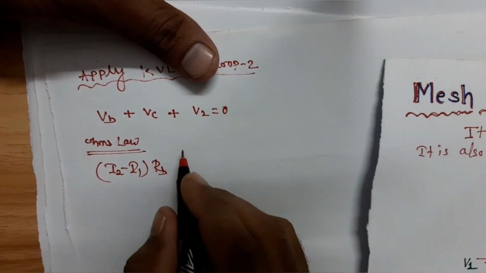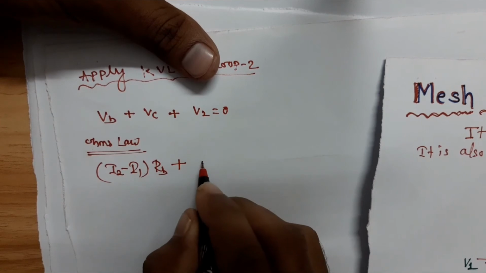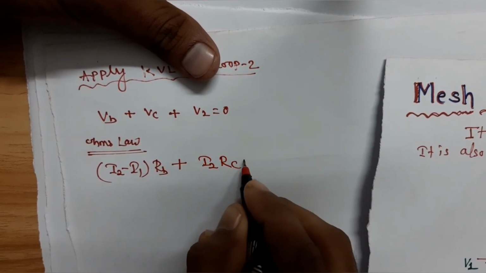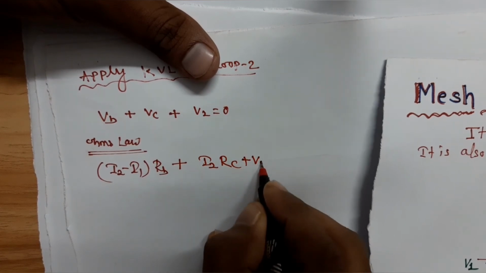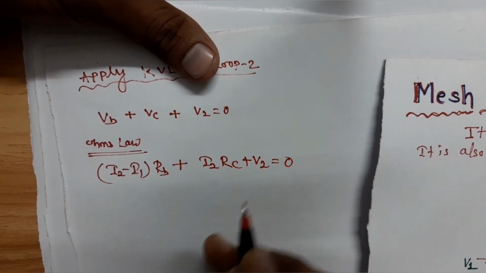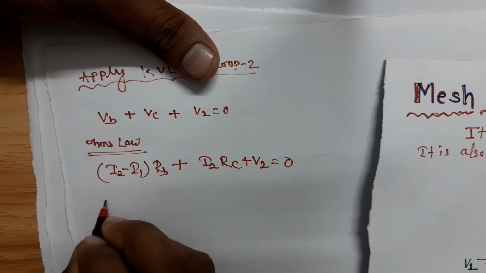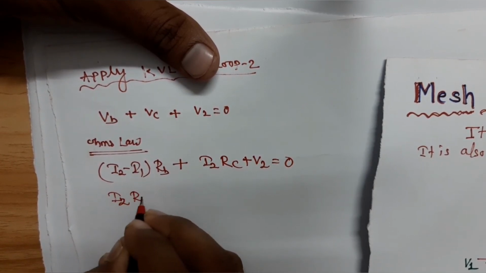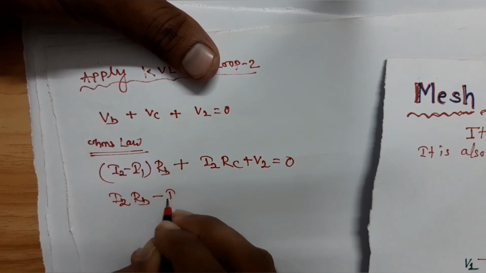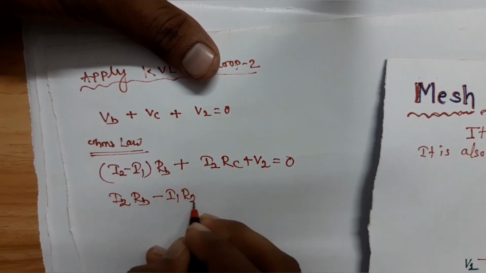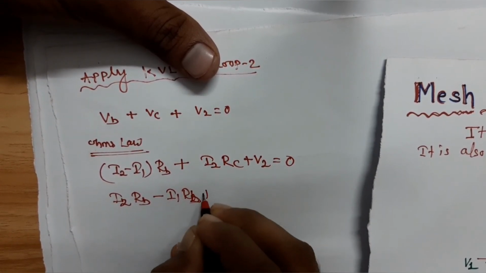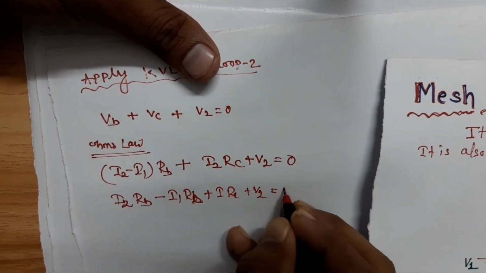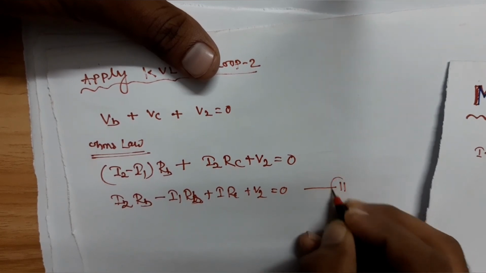Then plus VC equal to I2 into RC plus V2 equal to 0. Then simplify: I2 RB minus I1 RB plus I2 RC plus V2 equal to 0. This is the second equation.